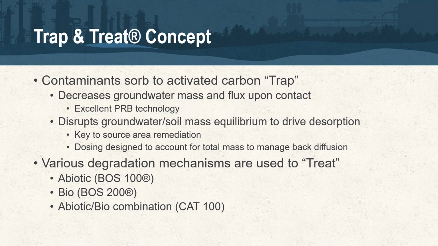Now you've disrupted that equilibrium, and you're going to get mass starting to desorb back off that soil to reestablish equilibrium. This is very similar to what we see with chemical oxidation, right? That's what rebound is on chemical oxidation sites. You treat what's available. That oxidant runs its course. It's not active anymore. Now you get desorption off of the sorbed phase to reestablish equilibrium. So it's the same concept here.